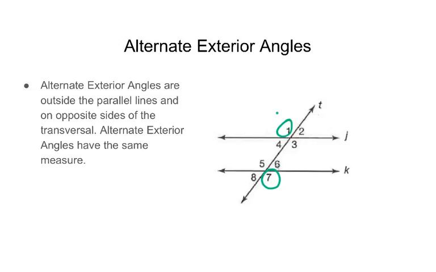They're on the outside of the parallel lines, and they're on opposite sides of the transversal. One more set. See if you can pick the set. Pause it and come back and see how you did. Okay, let's see if you picked this set. 2 and 8 are alternate exterior angles.